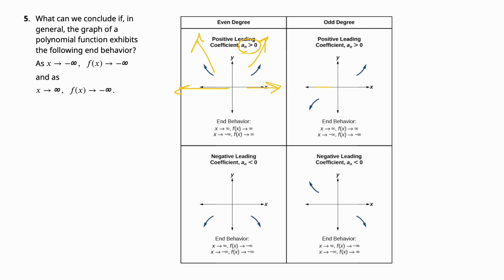If we go down and then up, from negative infinity to positive infinity, we know that it's an odd degree polynomial.